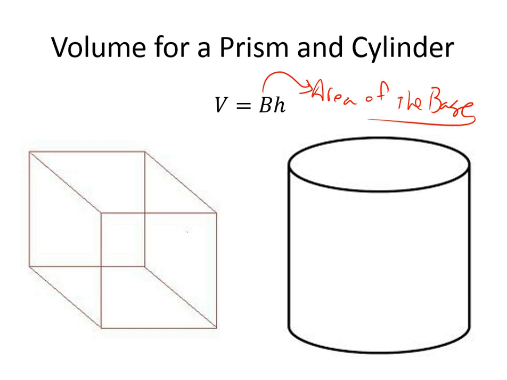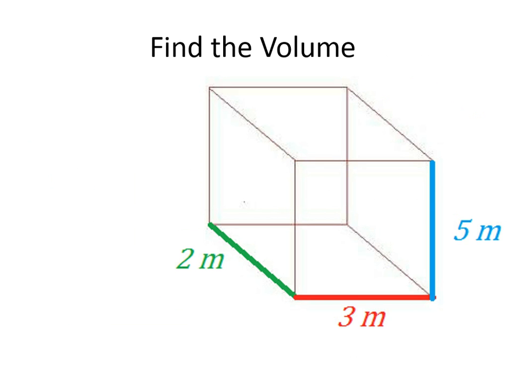So for a prism, you find the area of the base and then multiply it by however high it is or however long it is. And for a cylinder, it would be pi r squared times the height. As you see, it's the exact same formula. It's just a little different in how the numbers we would use and how it would be written. For a cylinder, it's circles, the area of a circle, and for a normal prism, it's just multiplying stuff together.